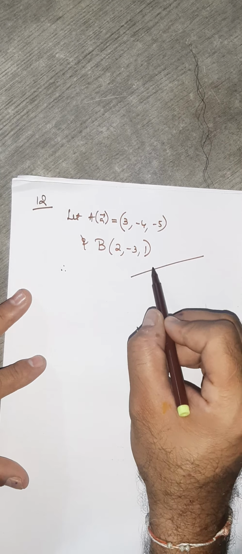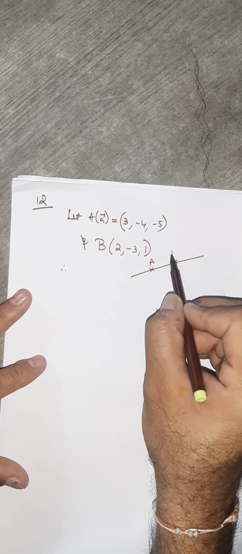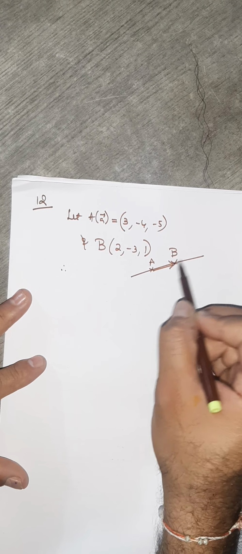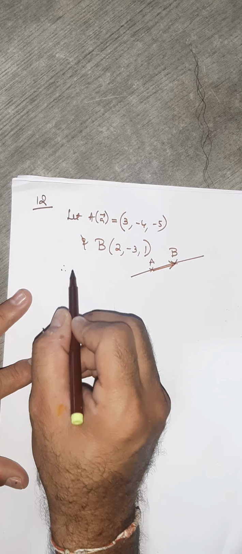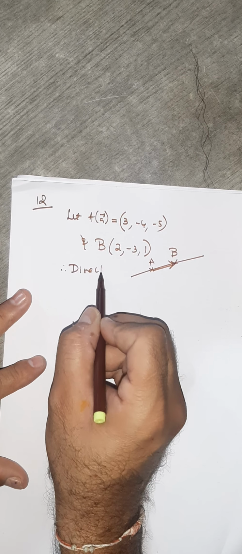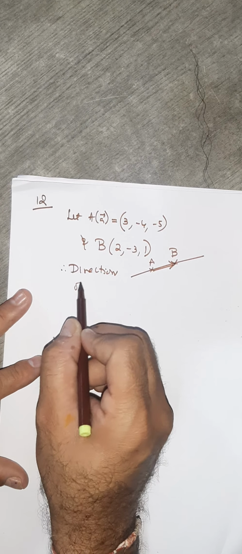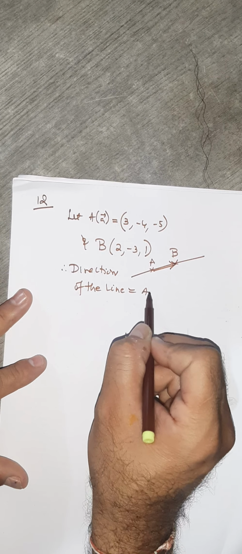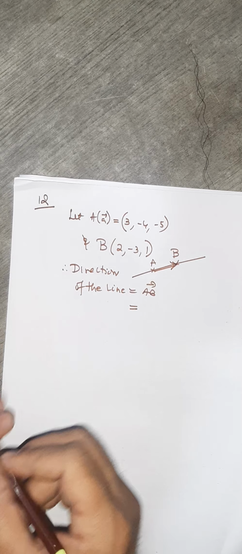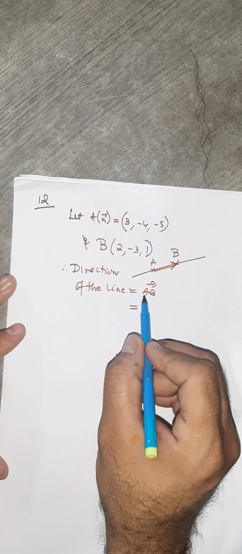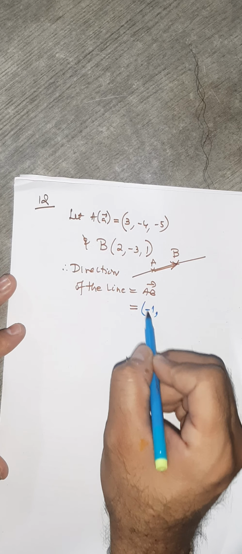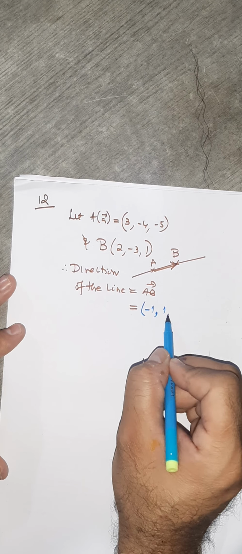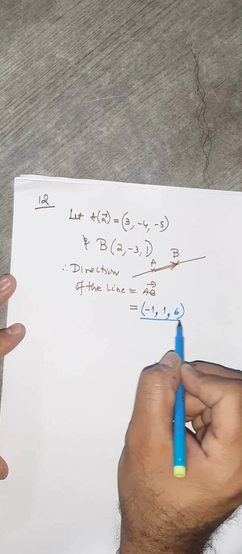Here the line passes through these 2 points A and B. So what's the direction of this line? Vector AB. So direction of the line equals vector AB. Here it will be B minus A: minus 1, plus 1 and 6.